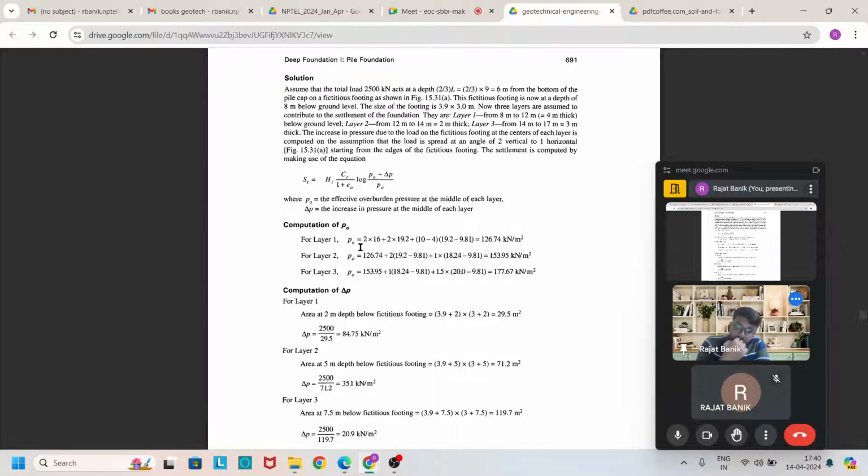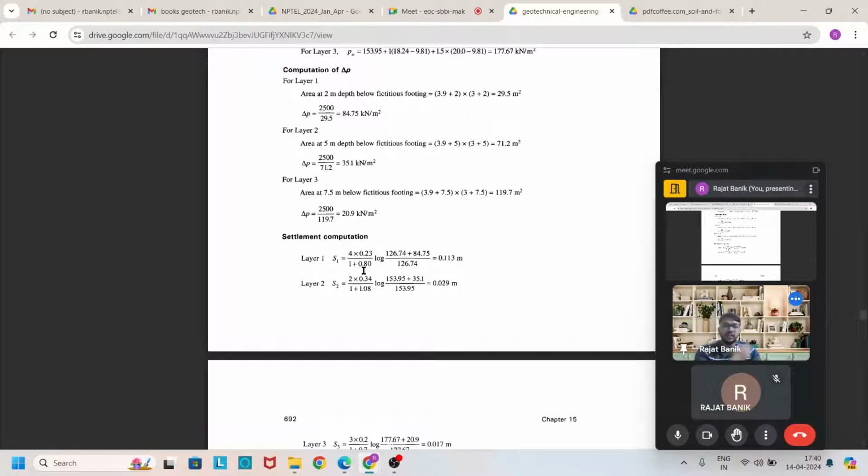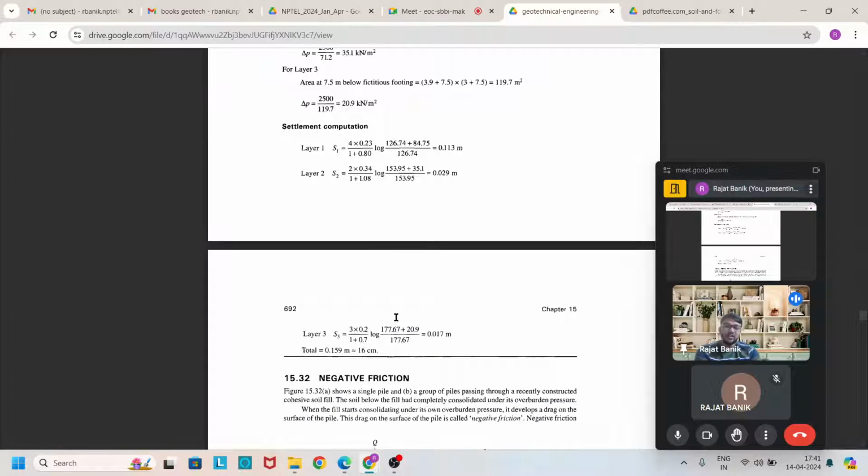Use the 2:1 method. After that, using this formula, for each layer e is given, Cc is given, so put all these values and get S1, S2, S3. After that, sum up and get the total settlement, which is approximately equal to 160 mm or 16 centimeter.